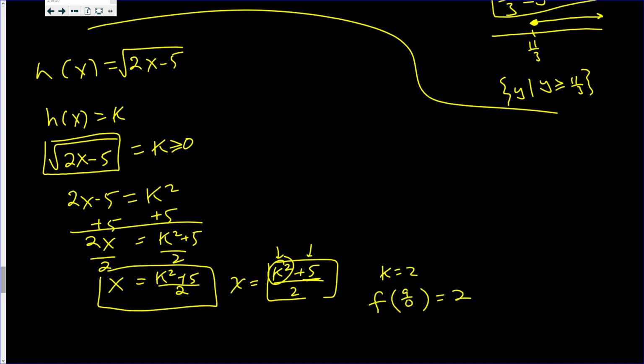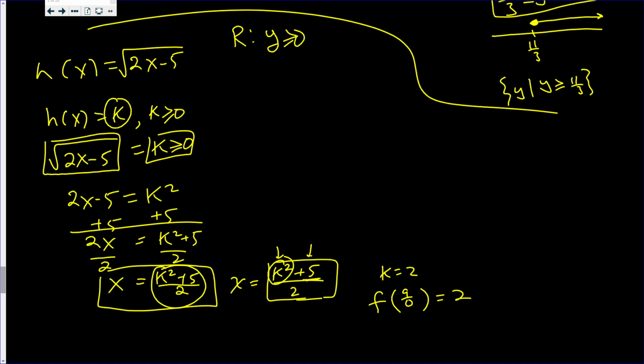I can then add 5 to it, and then I can divide by 2. So there's no restriction on k other than this restriction. Remember, h of x has to equal k, where k is positive. So the range is y can be at least 0.